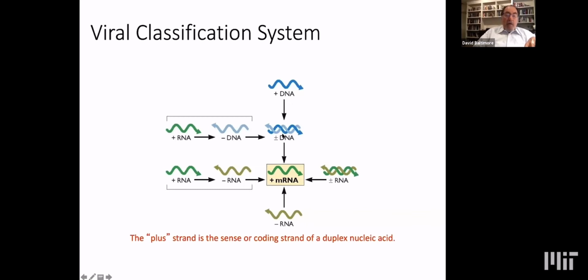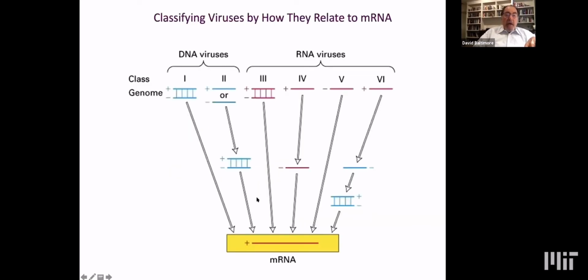And so with all of these possible templates, the messenger RNA can be made actually in 7 different ways from viruses. When I first realized this, I defined 6 kinds of viruses. And later there was a 7th added. And we use this classification today.